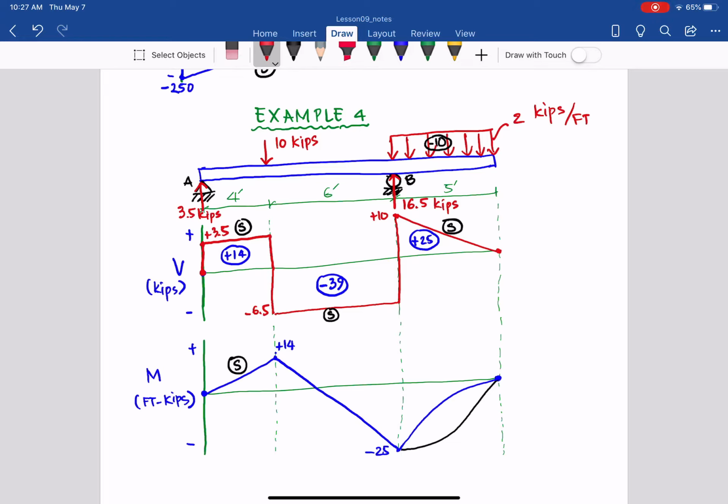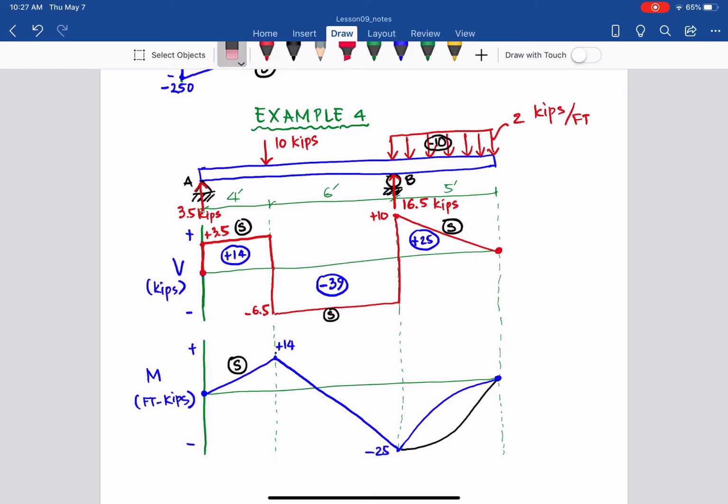And then, as you can see, the shear at the rightmost is 0. Then the slope of the moment diagram at that point has to be 0. Slope 0 means that the line tangent to that moment curve has to be horizontal.